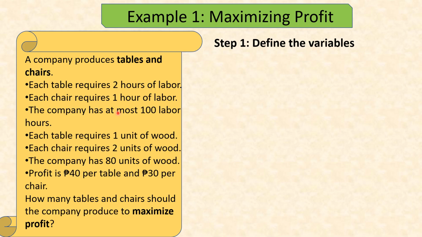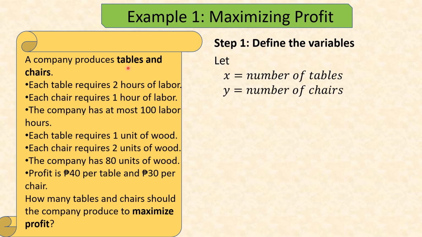Step 1, let's define the variables. We identify the variables here, which are the tables and chairs. Let X represent the number of tables produced and let Y represent the number of chairs.